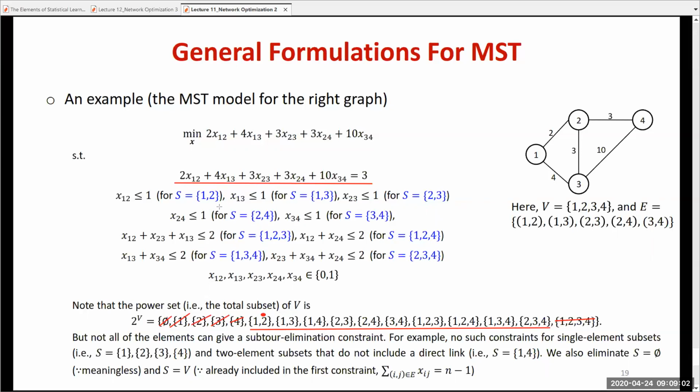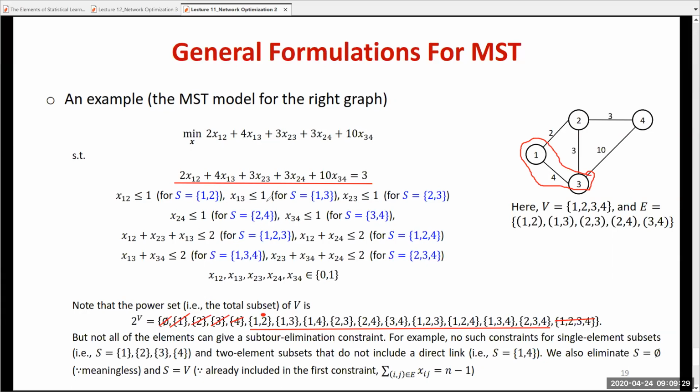Now let's have a look at the second one, which is edge 1, 3. So 1, 3 is here. Again, because the cardinality is 2, the right-hand side is 1, since 2 minus 1 equals to 1. And here you have only 1 edge inside, which is x1,3.